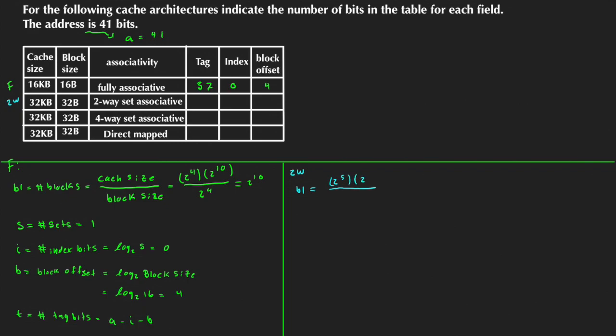Well, that's 2 to the 5 times 2 to the 10, divided by block size. What was our block size? Our block size was 32, so that's 2 to the 5 also. And that's going to be 2 to the 10.